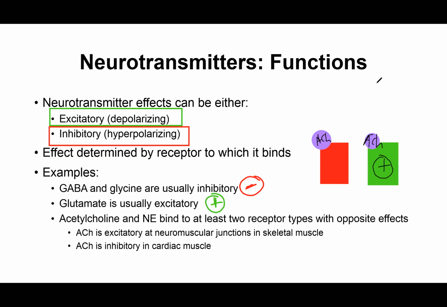But say we're in the heart and acetylcholine binds to the receptor that's there for it, which actually happens to be an inhibitory receptor. Okay, so if acetylcholine binds to the receptor that's located in the heart, then that's an inhibitory receptor, and that's going to cause things like a slowed heart rate.